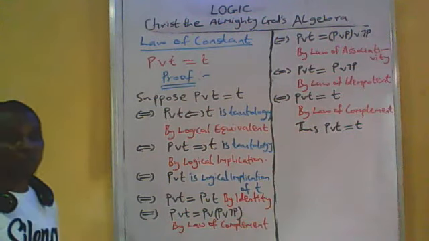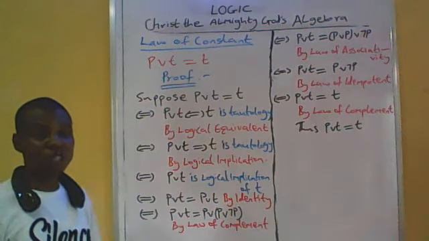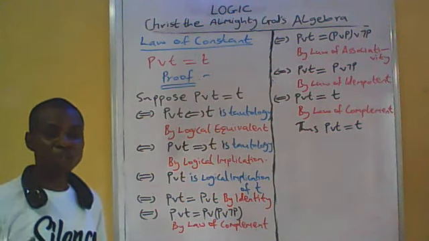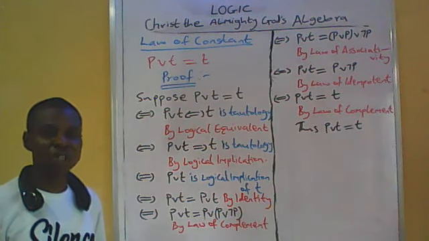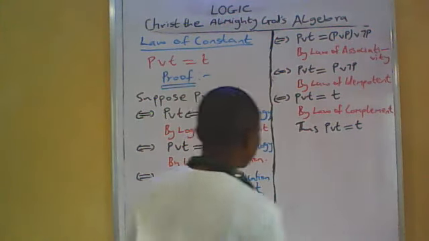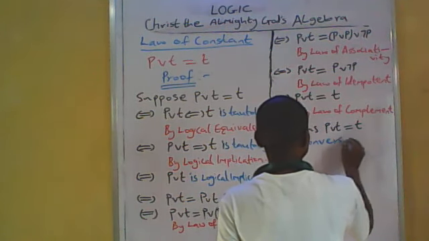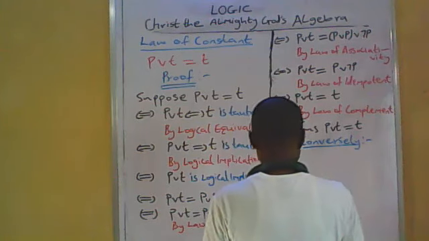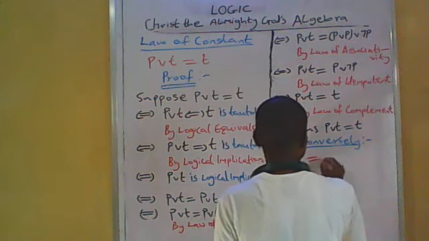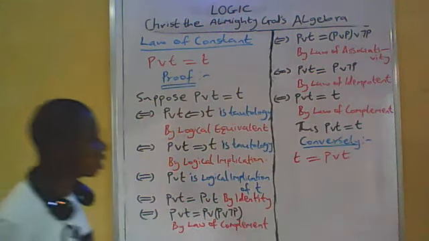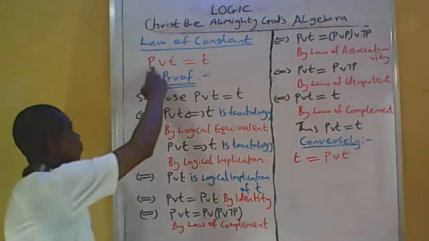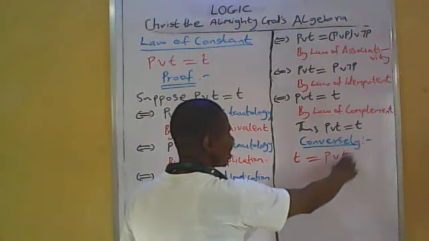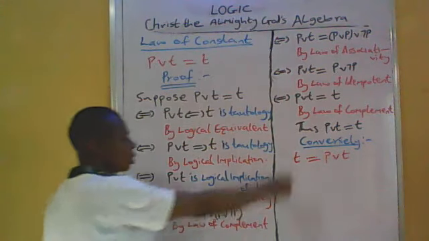Since the statement is logical equivalent, we are going to prove the converse also holds, so that by the rule of causality we then establish that P or T is equal to T. Conversely, T is equal to P or T. You will see that this P or T at the right hand equation has now become T at the left hand equation.